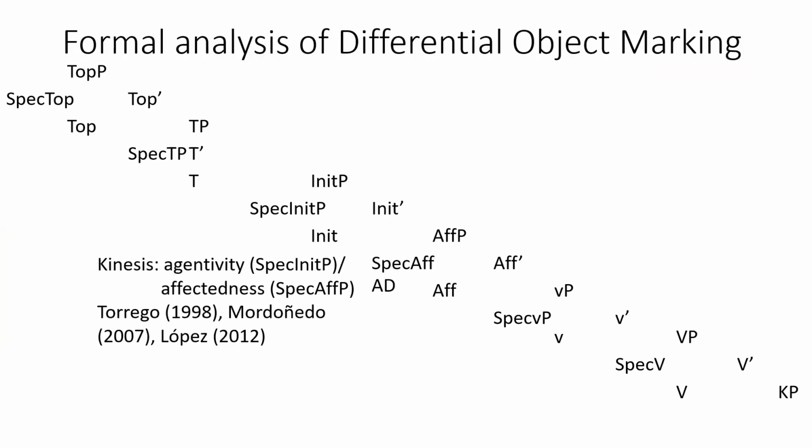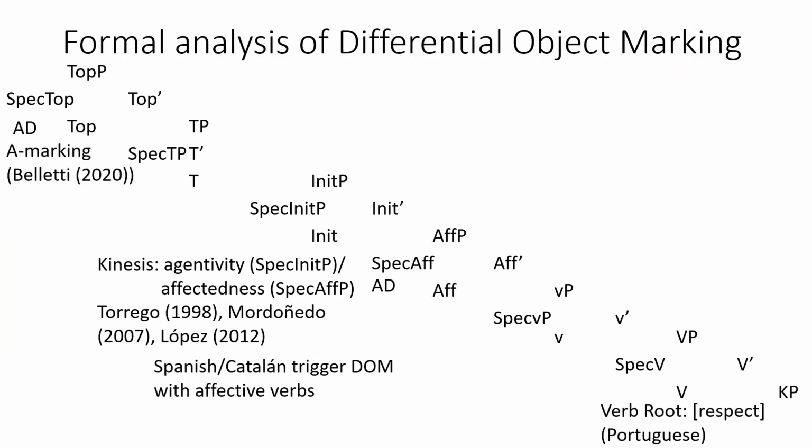Okay, so the agent and the affectee both seem to trigger DOM, and here we get Spanish and Catalan, where the verbal structure can independently trigger DOM on inanimate nouns, where you have the topic marker. And here in Portuguese, the verb root of respect seems also to trigger DOM, as we saw in Portuguese.